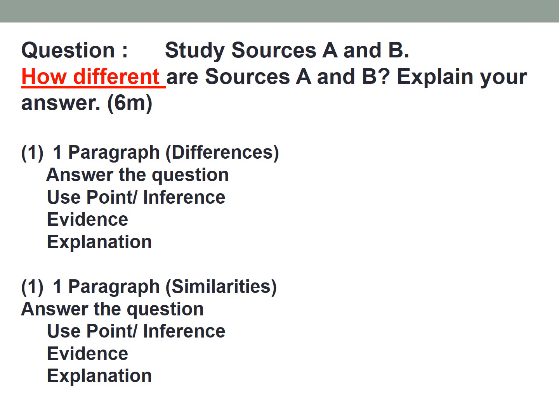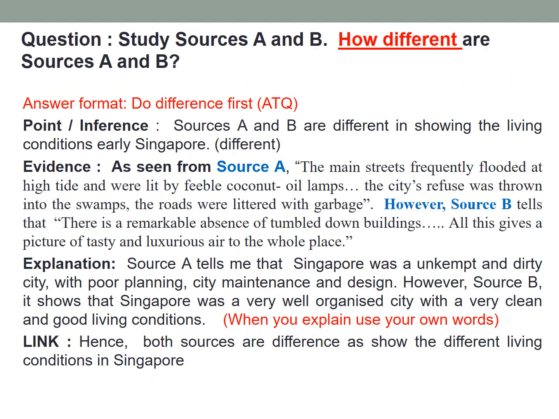Let's look at some sample model answers. So let's answer the question. Sources A and B are different in showing the living conditions in early Singapore.